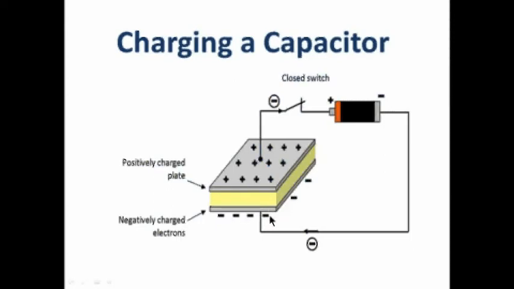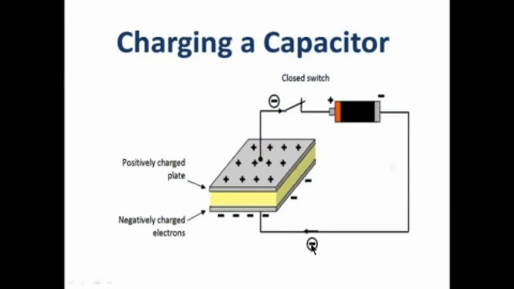Now these negative electrons will repel the negative electrons from the top plate that are naturally in the material, and they will be attracted to the positive of the battery. So we get an electron flow from the negative of the battery to the bottom plate, and from the top plate to the positive of the battery.